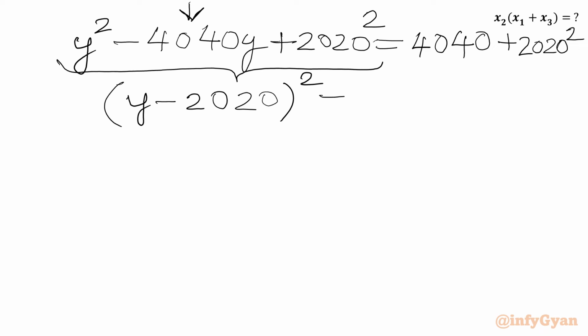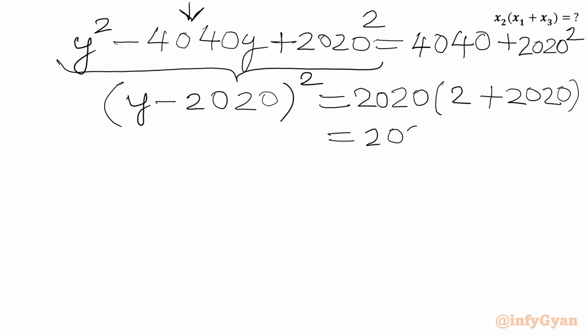And from RHS, if I take 2020 common out, in the bracket I can write here 2 and here we can write 2020. So this will become 2020 times 2022.